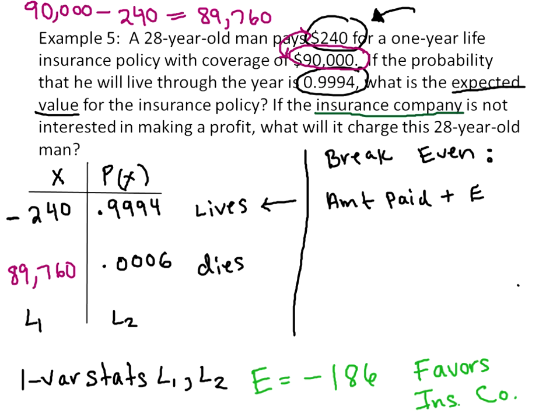And your result is going to be the new amount that should be charged in order for them to just break even. So the amount paid was $240. The expected value happened to be negative. So if you take 240 plus a negative 186, that's the same thing as taking 240 minus 186.